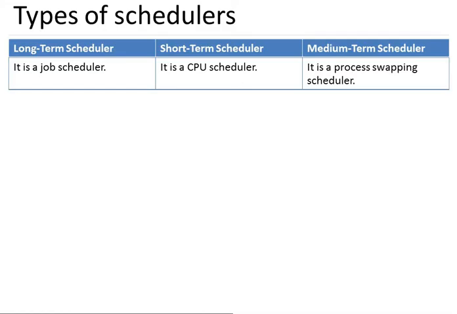It schedules the CPU. After that, the medium term scheduler is a process swapping scheduler. Why? Because whenever a particular process is released from the block queue, swapping in and swapping out is performed. So this is the swapping scheduler.